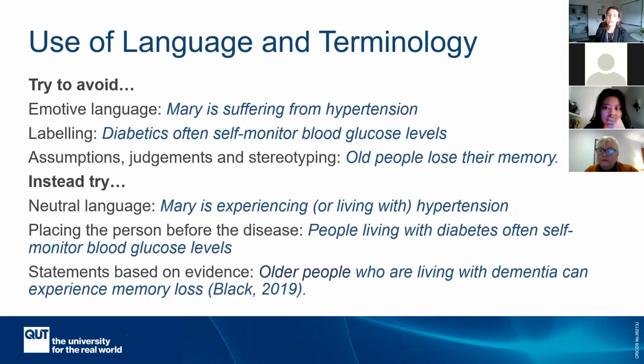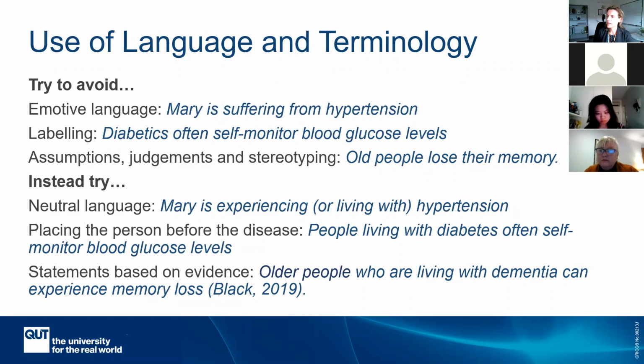I would rather you use neutral language and say, instead of Mary is suffering from hypertension, Mary is experiencing or living with hypertension. Unless Mary has walked up to you and said, I am really suffering, it's better to use neutral language because that may not be the case that she's actually suffering.